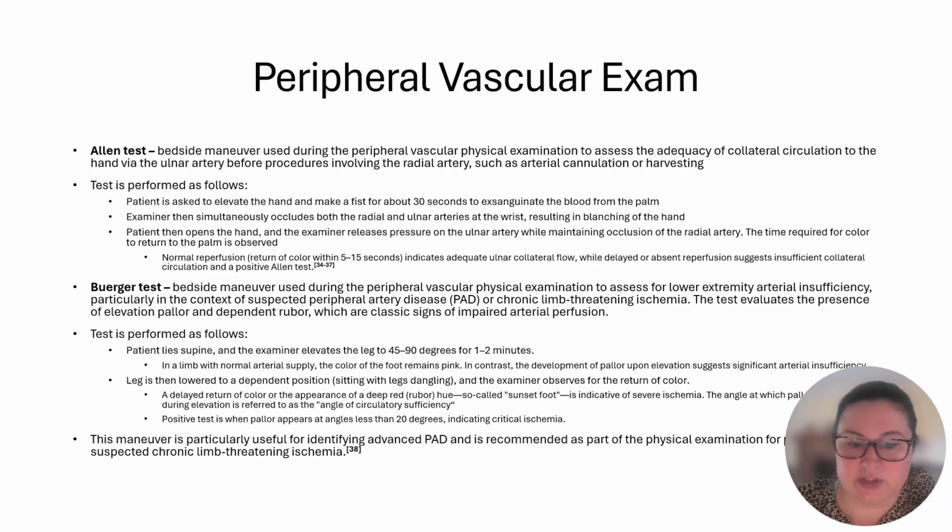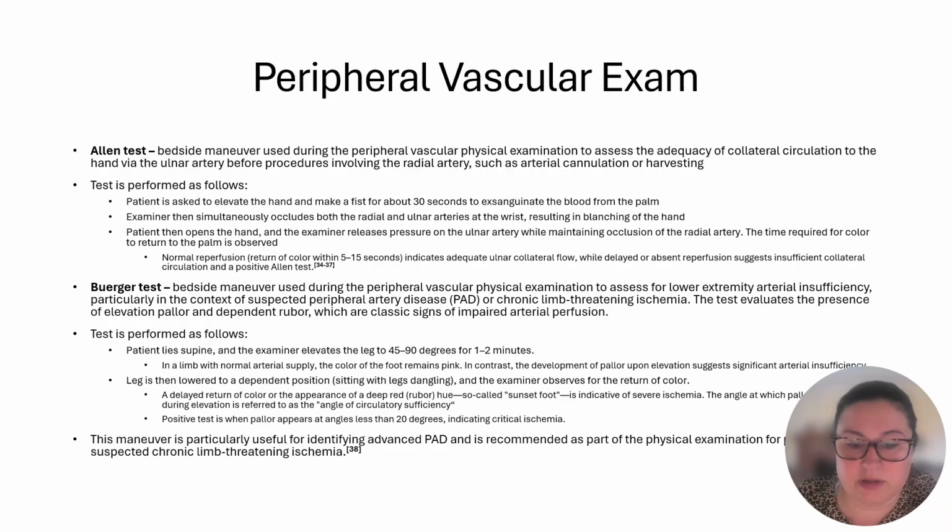So the patient will lie supine. The examiner elevates the legs to a 45 to 90 degree angle for 1 to 2 minutes. In a limb with normal arterial supply, the foot remains pink, but the development of pallor on elevation would suggest significant arterial insufficiency. The leg is then lowered to a dependent position, and the examiner observes for return of color.